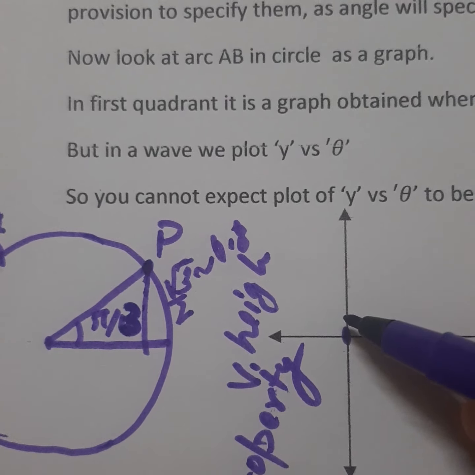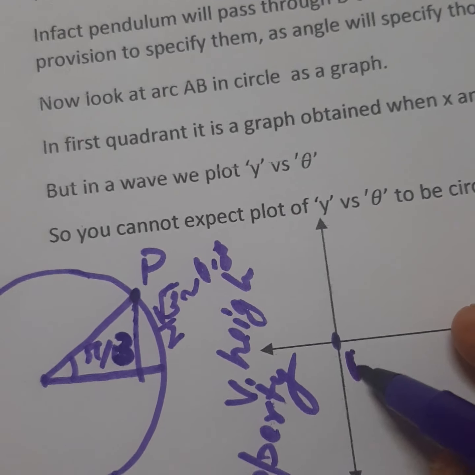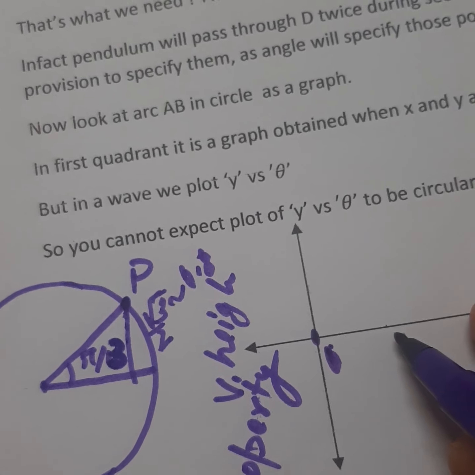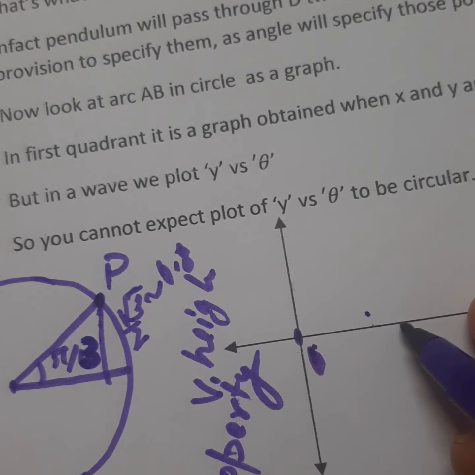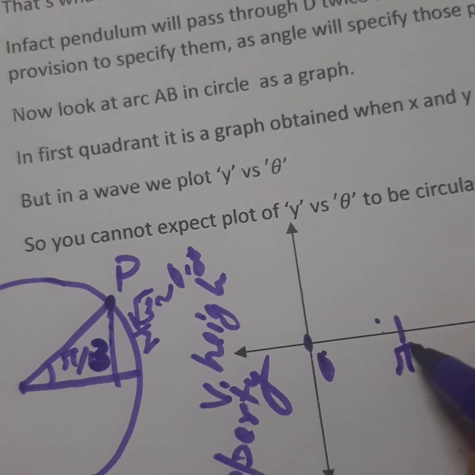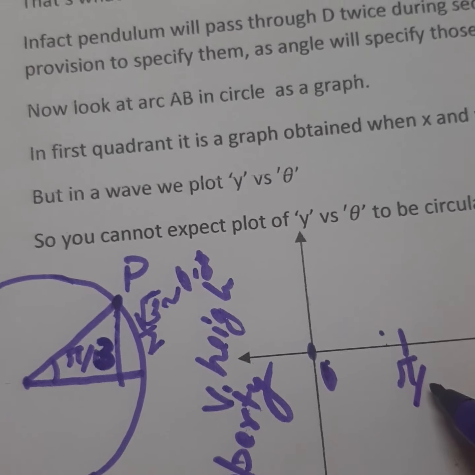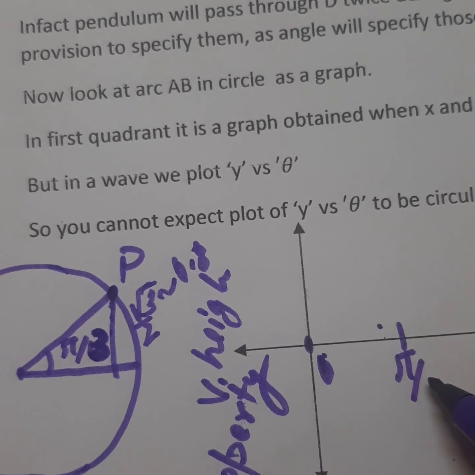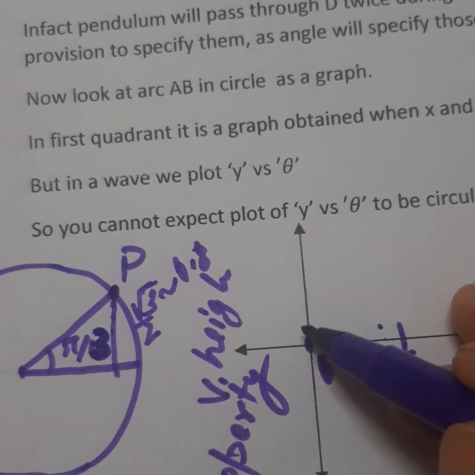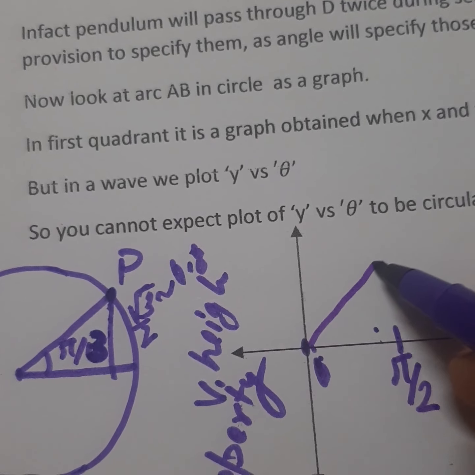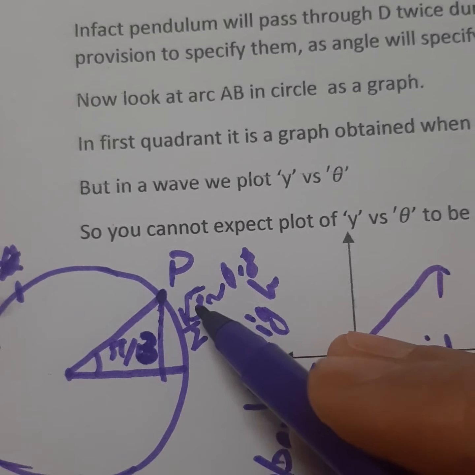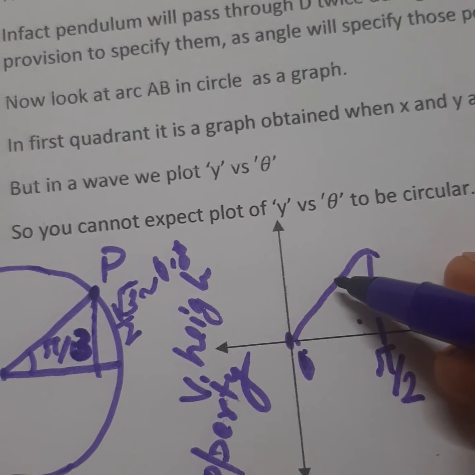Okay, and then it gains maximum height at pi by, let's say this is pi by. Now the scale is up to us. We cannot assume the graph to be a circle. It gains maximum height at, okay, this is 1 unit, and root 3 by 2 is 0.8, somewhere here.